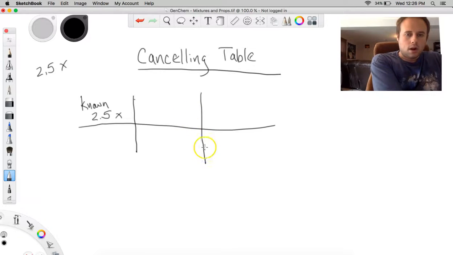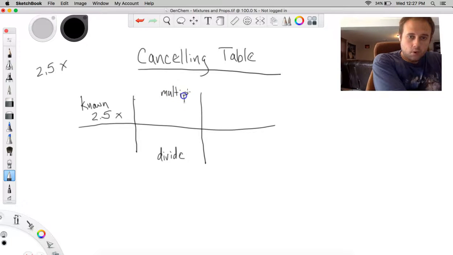Now, this is important. Whatever I put down here in this quadrant right here, I probably shouldn't put x, even though I am going to want that down there in a second. We are going to divide this top portion by whatever is down here. Whatever I'm going to put up here, I'm going to multiply that portion by.